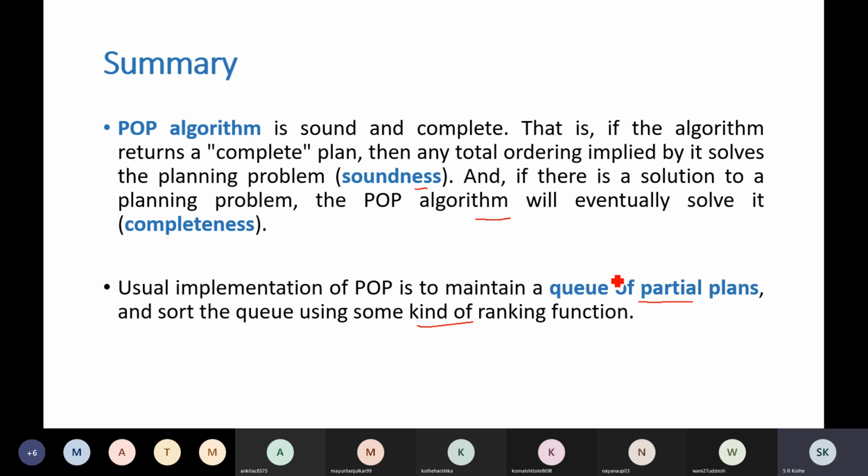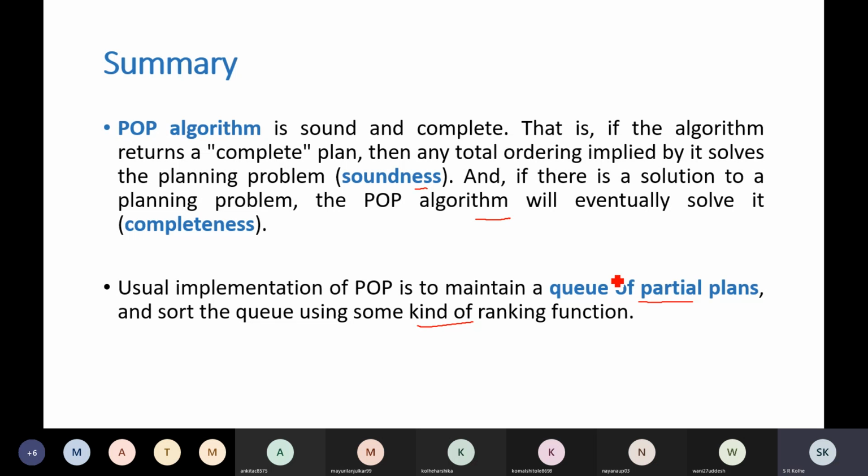So robots are programmed with such techniques. Knowledge is represented in the form of logic, first order predicate logic, and appropriate problem solving techniques are used for achieving the goal. One of the techniques that we have discussed today was partial order plan.